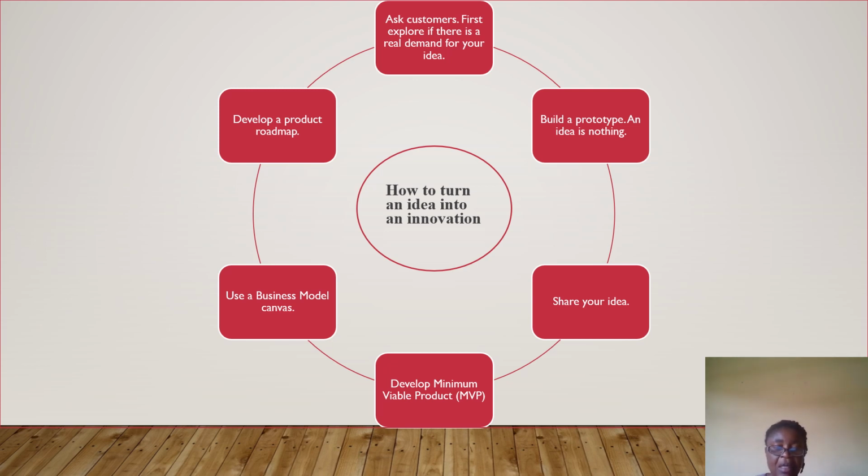Then the next thing that you need to do is to use the business model canvas, which is very, very important. The business model canvas has become quite trendy, and not without reason. It is a great tool to make your entire business clear on a single slide.